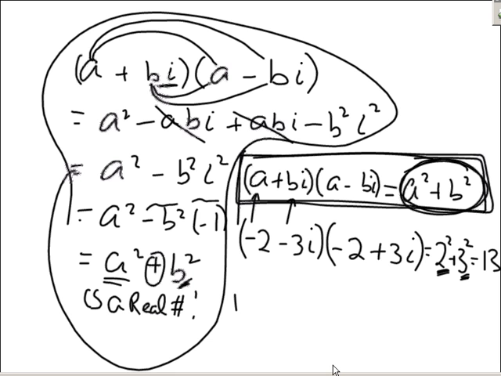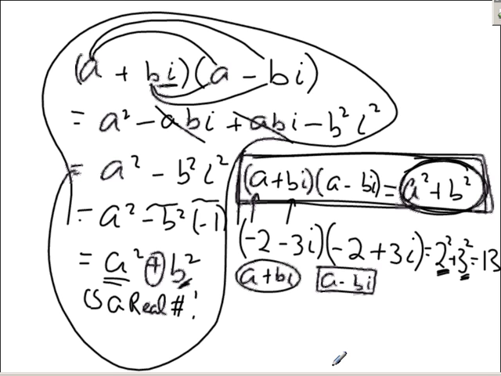Anytime you have a number in the form a plus bi, it's easy to find the conjugate. It'll be a minus bi. Anytime you have a number in the form a minus bi, it's easy to find the complex conjugate. It's a plus bi.